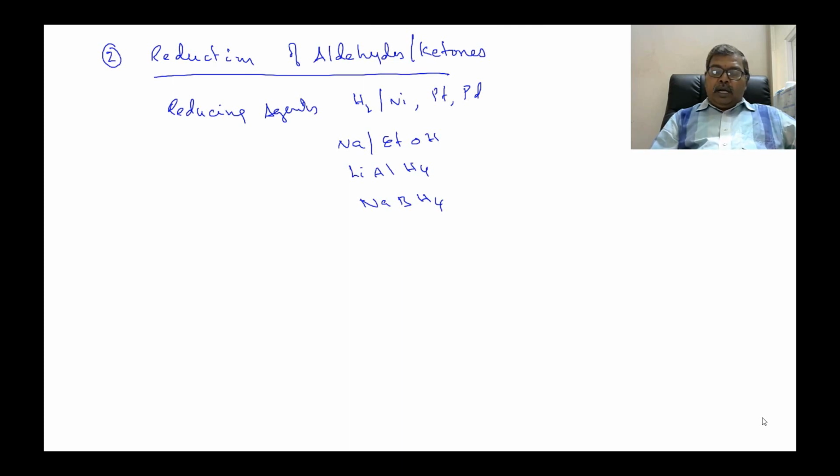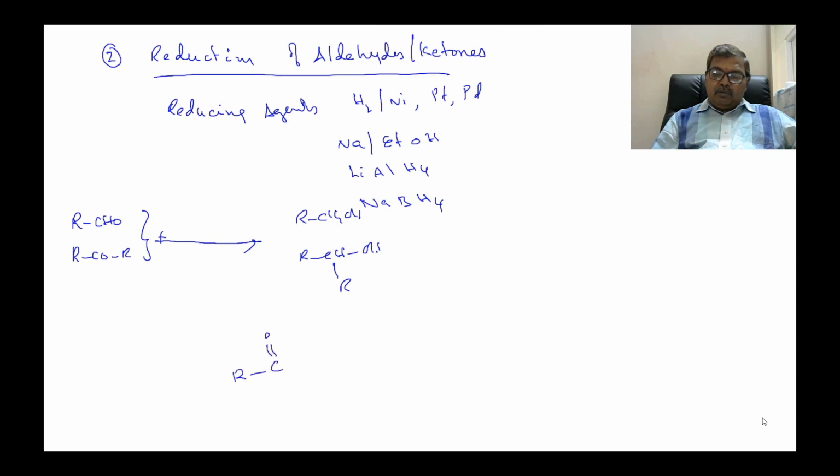So both aldehydes and ketones, RCOR, reduce to alcohols, RCH2OH and RCHOHR. Remember very simply like this: R-C double bond O-H.